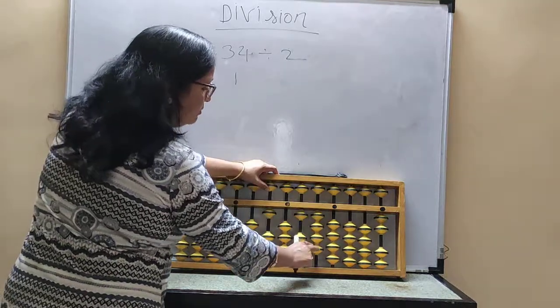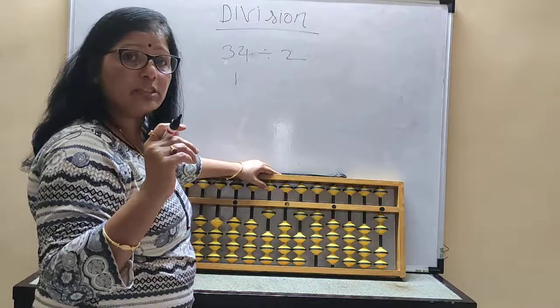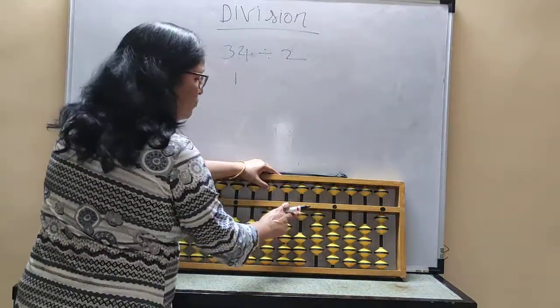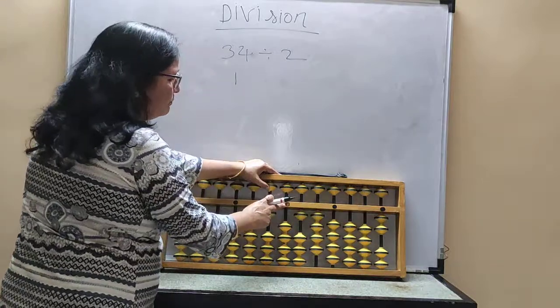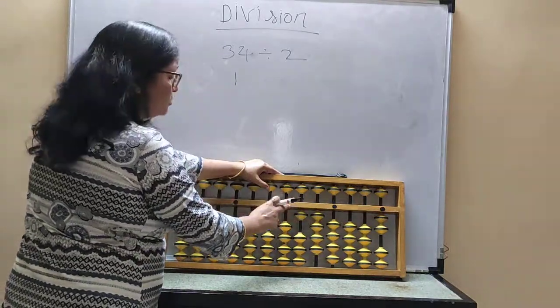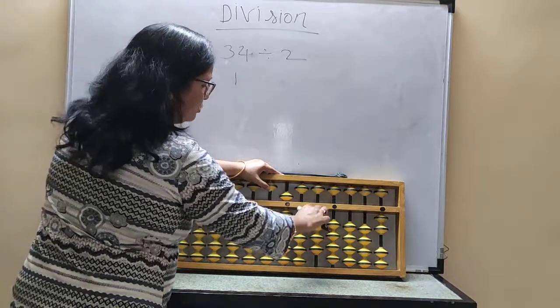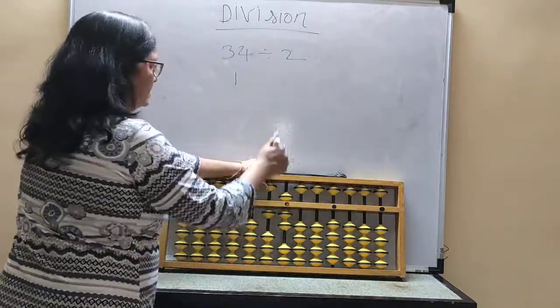Now remaining is 14. 2's table till 14. 2 sevens are 14. Now see, this is 2 and this is 1. It's less than the divisor. So I have to put 7 next to this rod. This is 7, and I have to subtract 14. My answer is 17.